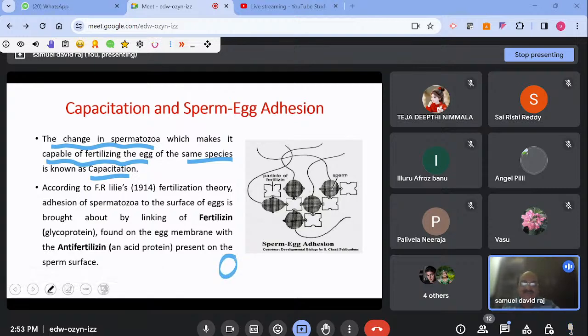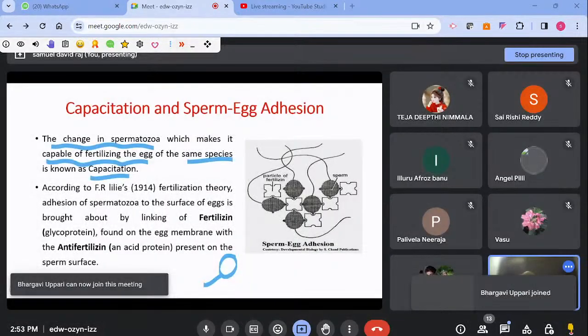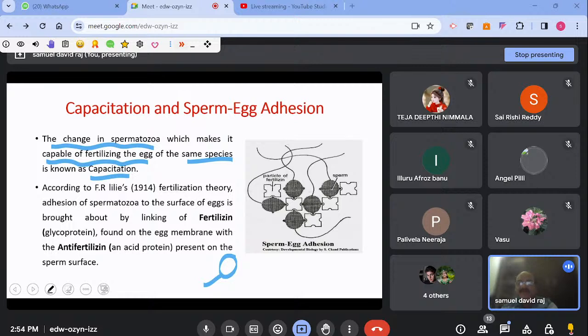So the sperm is there, it has to fertilize. There are different types of animals and different types of ova are also present. And the sperm has to reach only the ova of the same species.